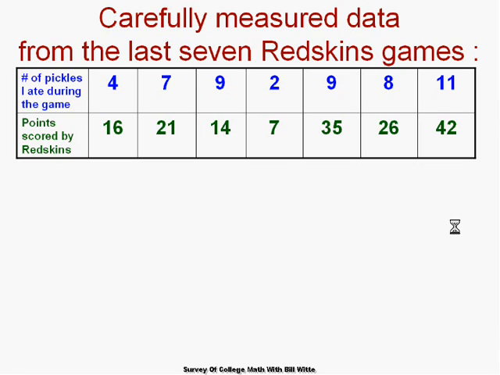That's in green. Now I'm wondering if maybe the number of pickles that I eat during a game is related to how many points are scored by the Redskins. Well, I can find that out by putting these pairs into my calculator and doing a linear regression.